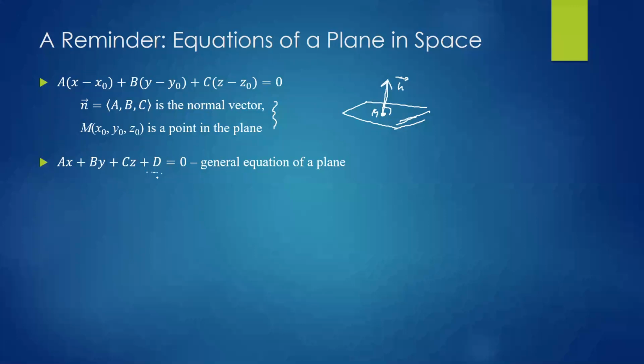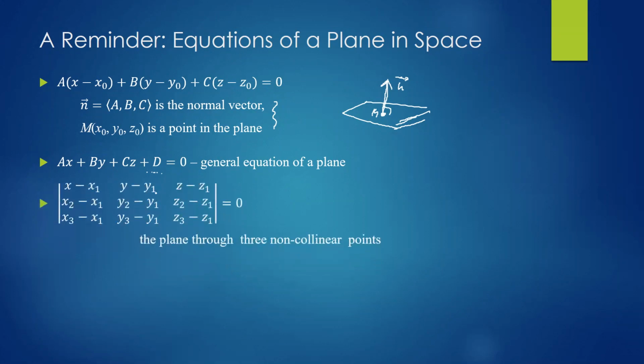And then we had this crazy looking equation that was the plane through 3 points where x1, y1, z1, x2, y2, z2, x3, y3, z3 are all known points in the plane.